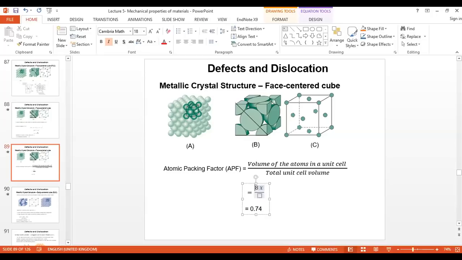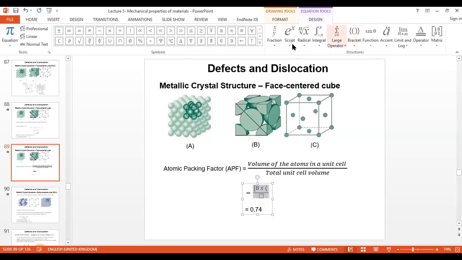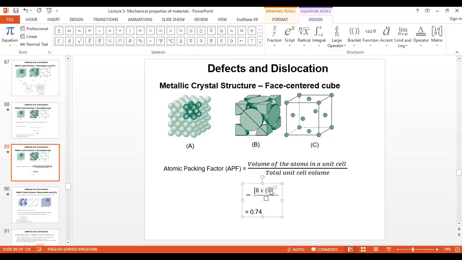how can we write, is equal to 8 into 4 over 3 pi R cube.